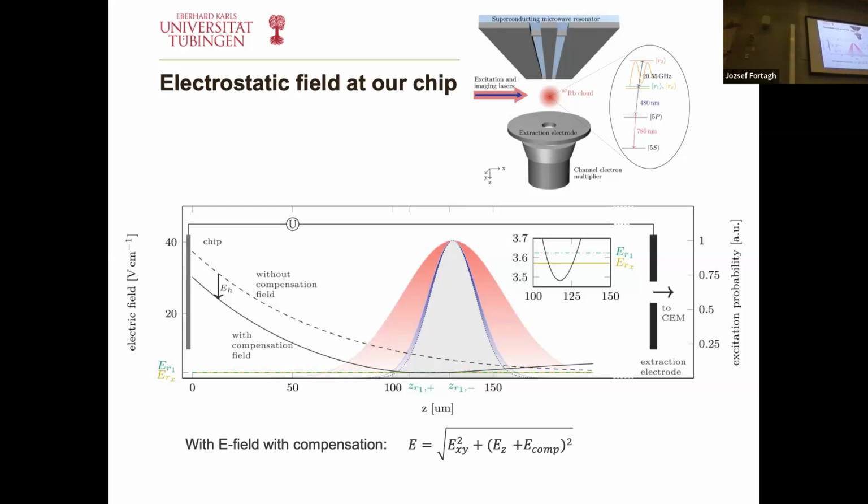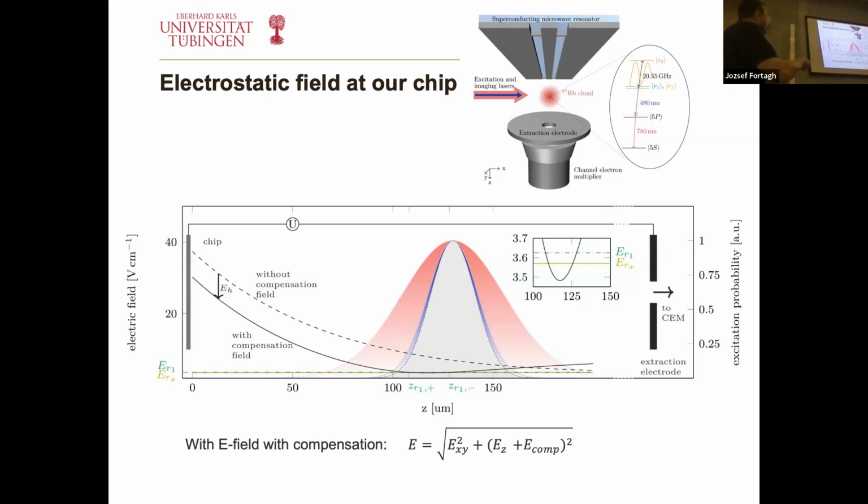Now, please turn the whole diagram by 90 degrees. So to the left is the chip surface, and this electrode is here to the right. And on the diagram, we can see the electric field as a function of the distance to the surface. The dashed line is the stray field of adsorbates.